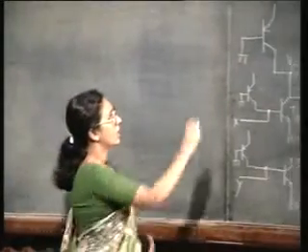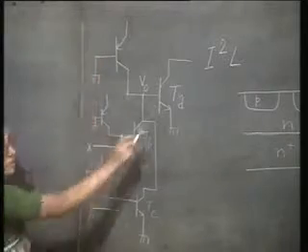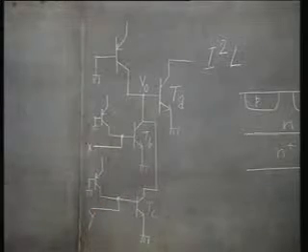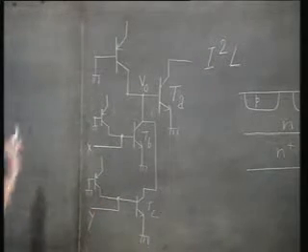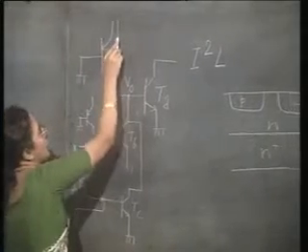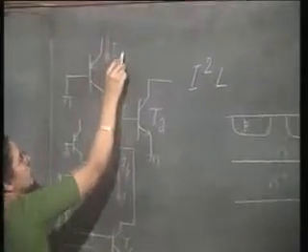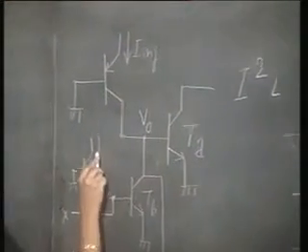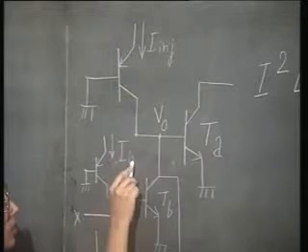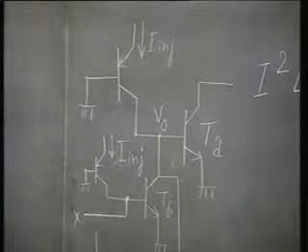What do I have? I have a PNP transistor and an NPN transistor. This PNP transistor is being used as a current source, it's injecting a current. So, from there comes the term injection logic.